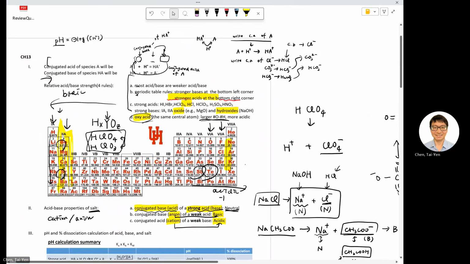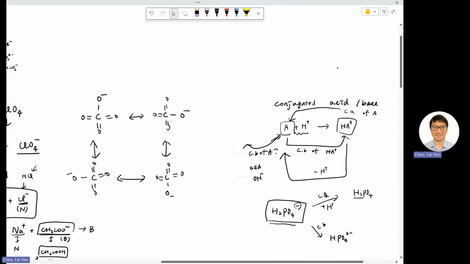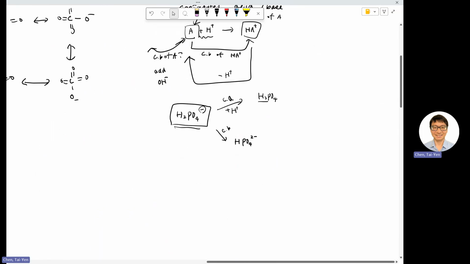And the very last point we went through last time is, if today I give you a salt, once it dissociates in water solution, can you predict whether the solution is acidic, neutral, or basic? The concept that we learned there is that if you have a cation, it can only be either neutral or acidic.